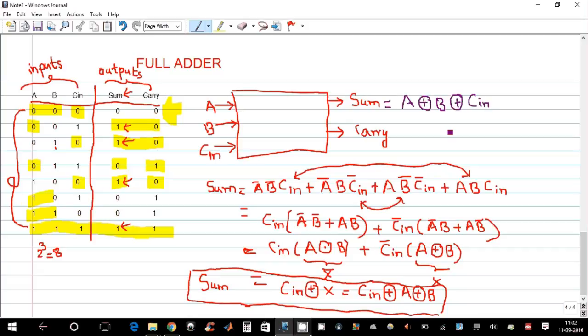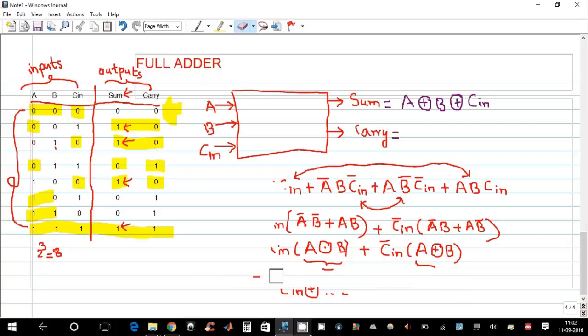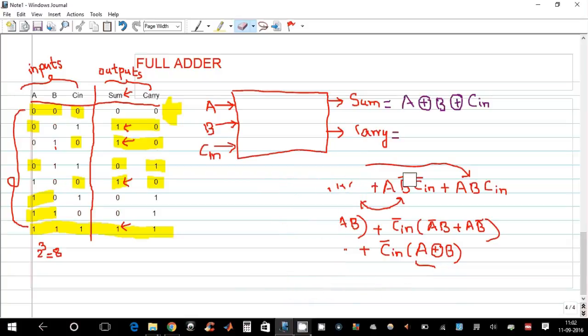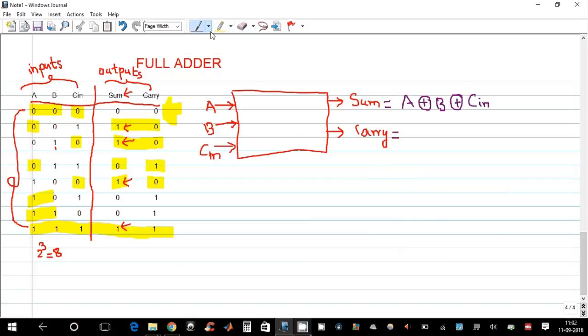Now we'll erase this one, and derive the expression for the carry.